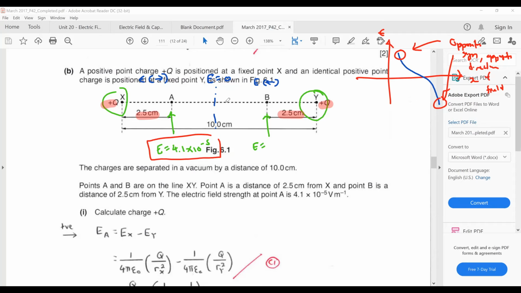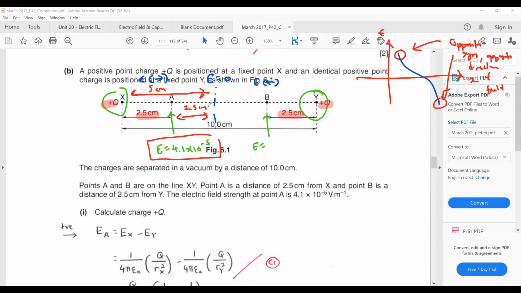So where you expect your E to be 0 is right in the middle. At 5 centimeter, you expect the E to be 0, but if measured from A, it is 2.5 centimeter.